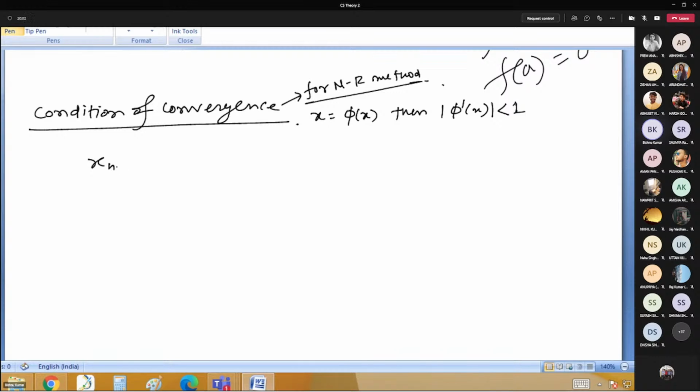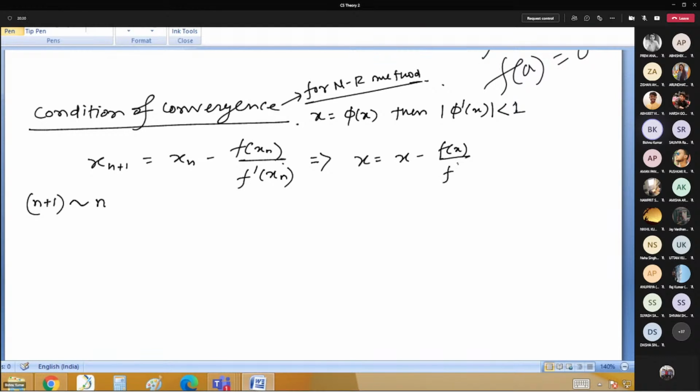Suppose x(n+1) = x(n) minus f(xn) by f dot (xn). Suppose n is very large, then you can write this equation as x = x minus f(x) by f dot (x), isn't it?